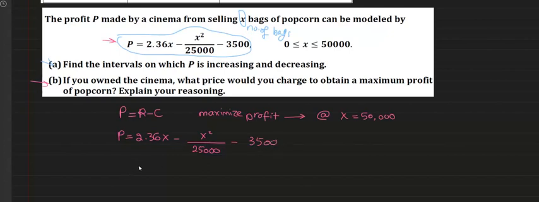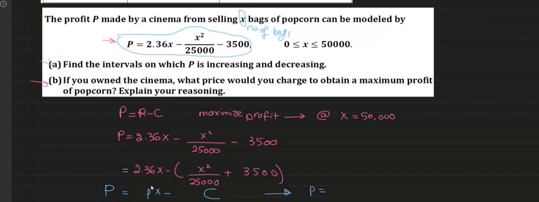So we might say that it looks like the 2.36x minus this part plus that value, right? And the revenue is X times P minus the total cost which we have collected here in this bracket, can be compared to the profit that we are given. And hence we might conclude that the price was the coefficient of X in the given profit, which is $2.36.